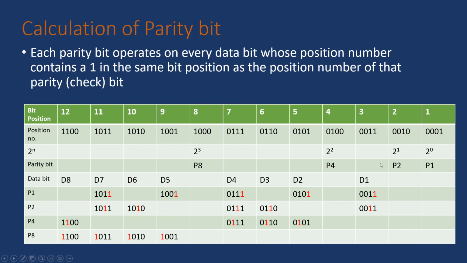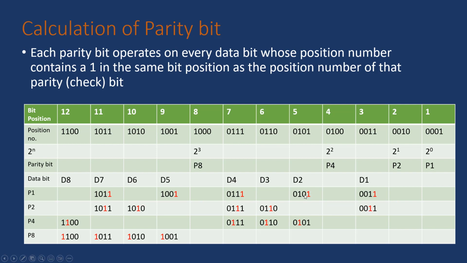And parity bit 2, its position number 2 has a 1. So we are going to keep all the data whose second bit has a 1. Second position bit has 1. So we are going to keep the second bit position 1, that is data 1. Okay, data 1 has least significant 1, and the second position also 1. So the parity bit is going to also calculate data 1.